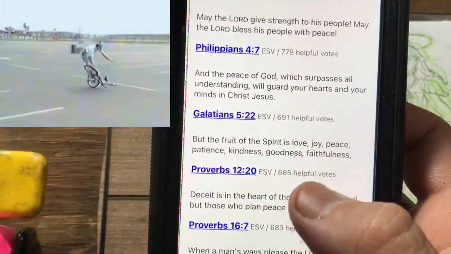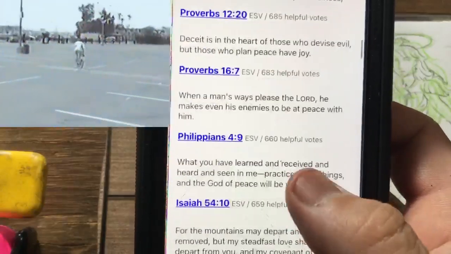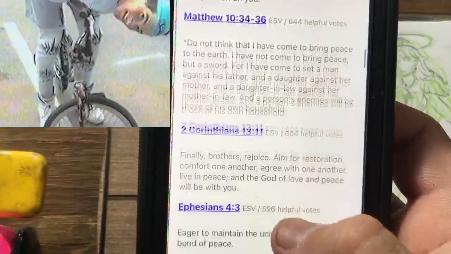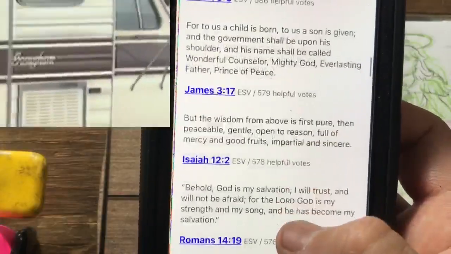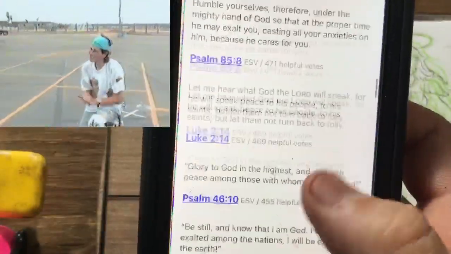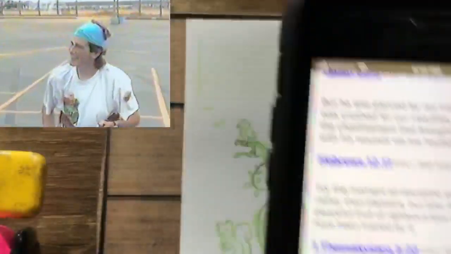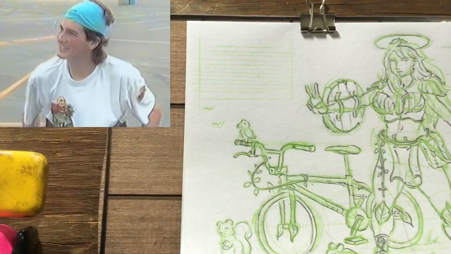There's even the fruit of the Spirit: peace, patience, kindness, goodness, faithfulness. Bro, there's so many. Look at how many verses there are with peace. This is insanity. There are like 100 verses. I don't know what I'm trying to put in here.